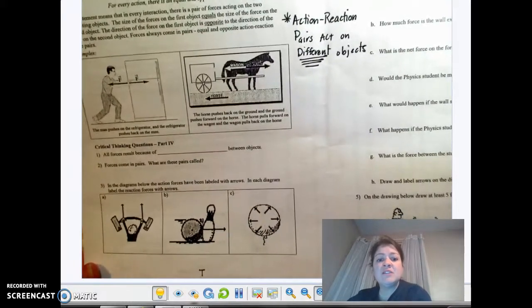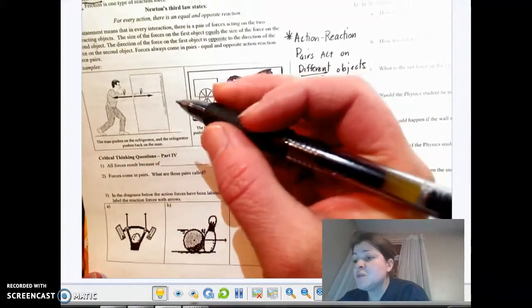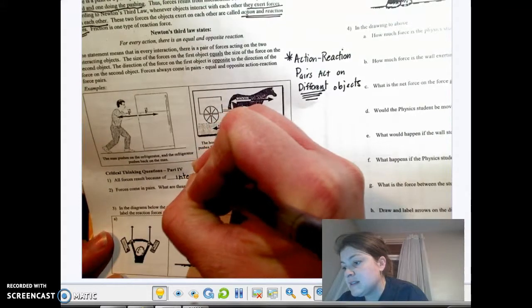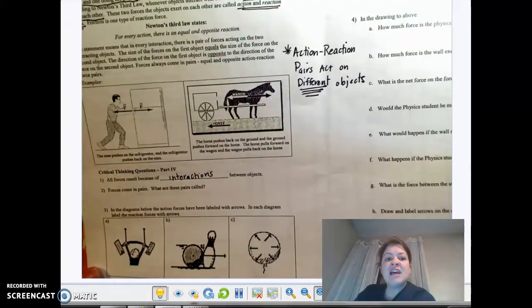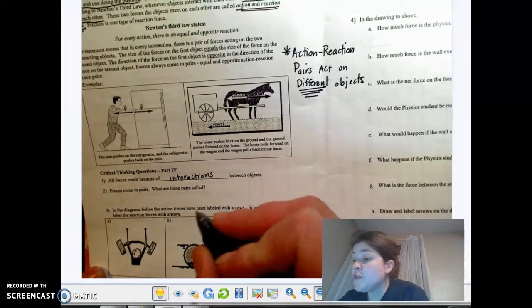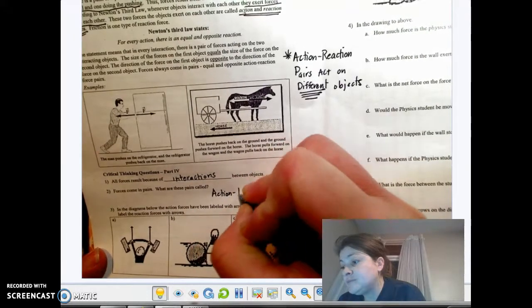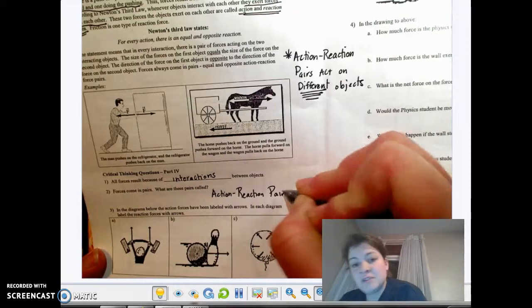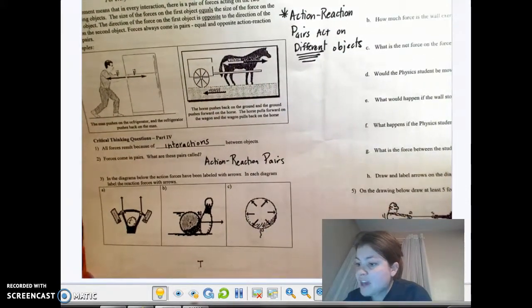Okay, so let's go over these questions. Number 1, it says all forces result because of interactions between objects. And then it says forces come in pairs. What are those pairs called? They're called action-reaction pairs. Then it says, label the reaction force with arrows.